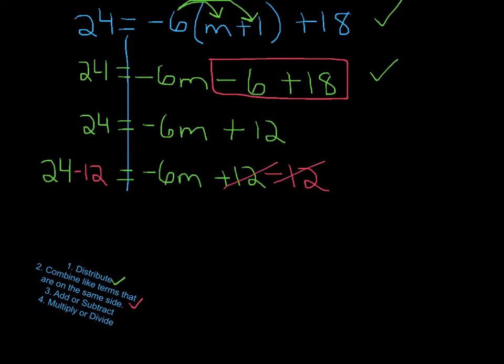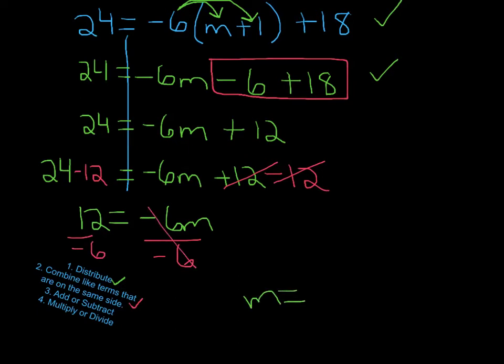On the left, 24 minus 12 is 12, so 12 equals negative 6m. And now divide both sides by negative 6. So m equals 12 divided by negative 6, which is negative 2.